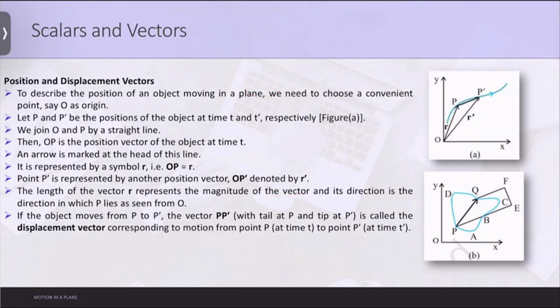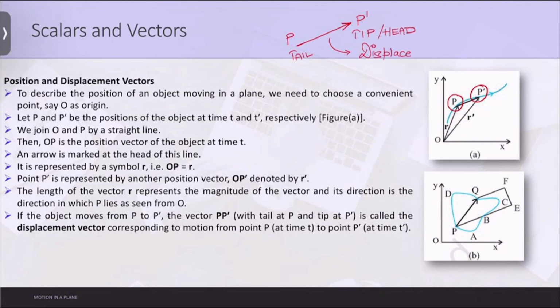Fine. If the object moves from P to P dash, with vector PP dash, there's another vector here, that is PP dash. So if the object moves from P to P dash, the vector PP dash with tail at P, please remember, tail at P and tip, also called head, at P dash, is called a displacement vector.